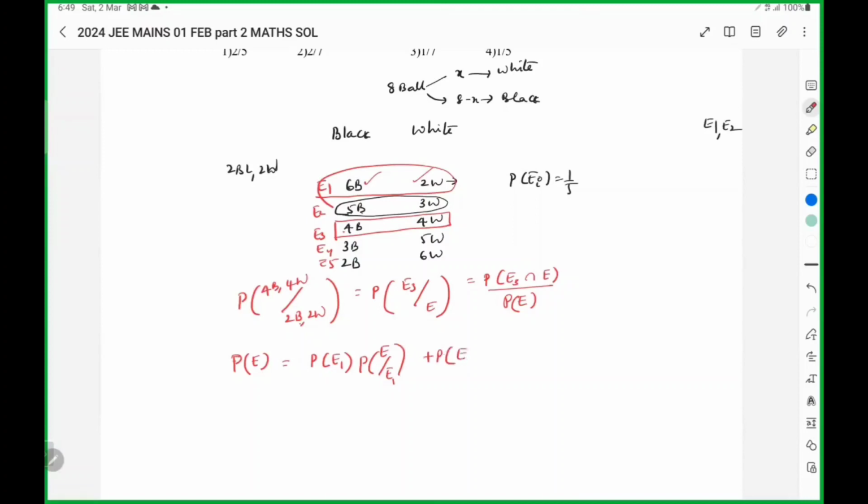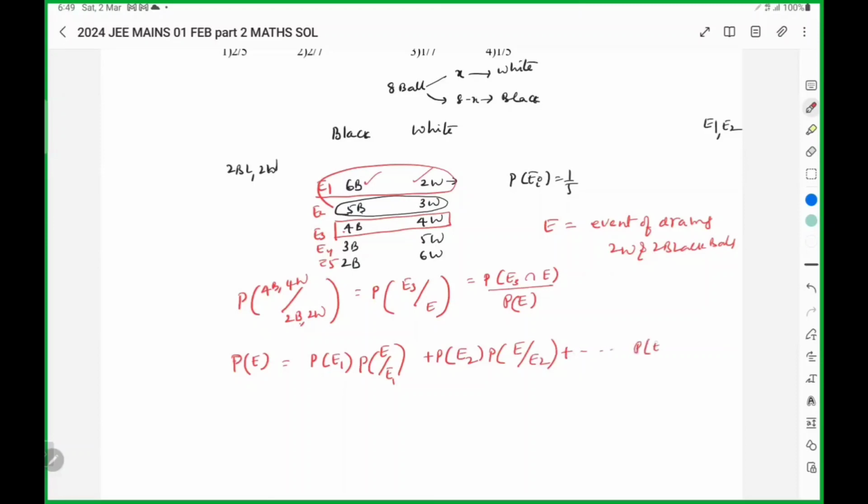So here E is the event of drawing two white and two black balls. P of E2, P of E given E2.